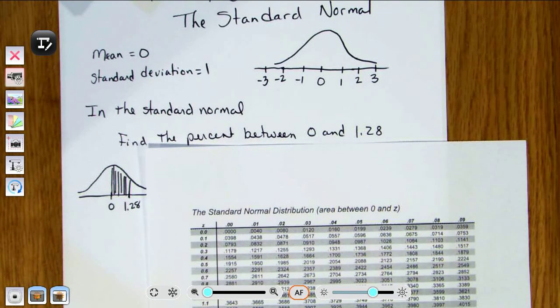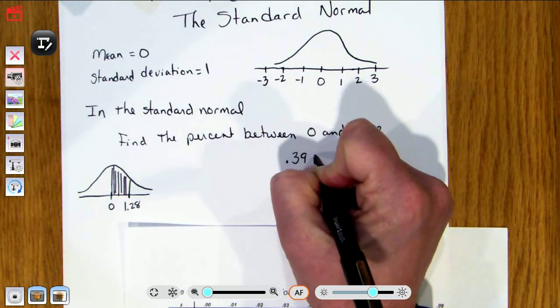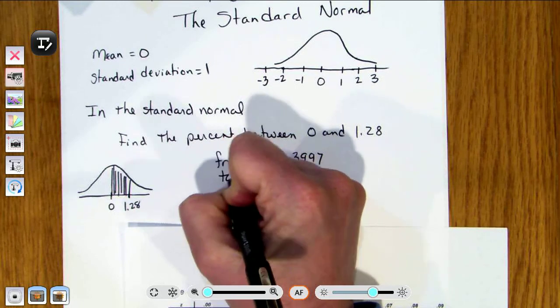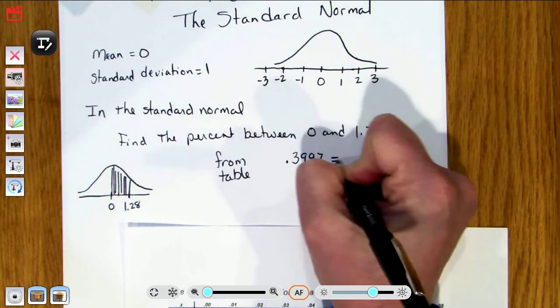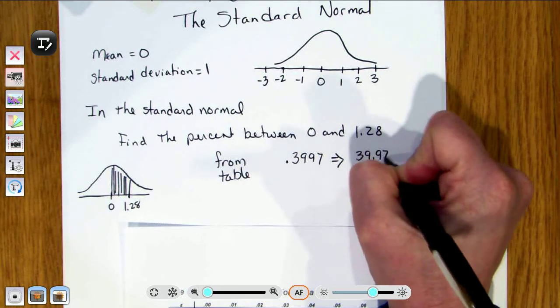This would be like 1.20, 1.21, 1.22, 23, 24, and we want 1.28. So from the table, we see that it's 0.3997, which as a percentage is 39.97%.